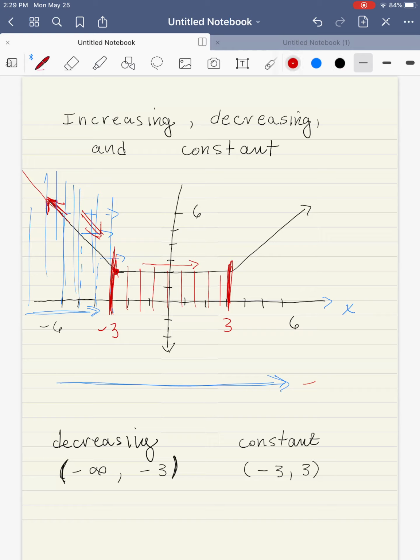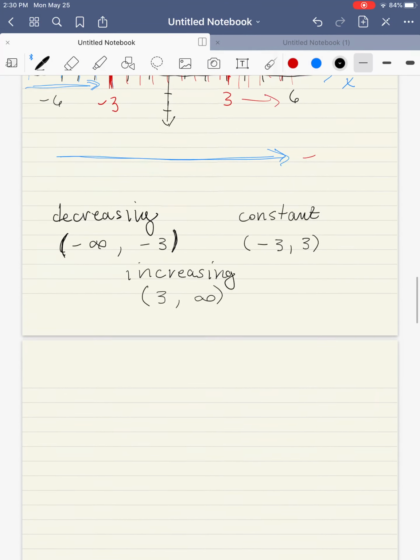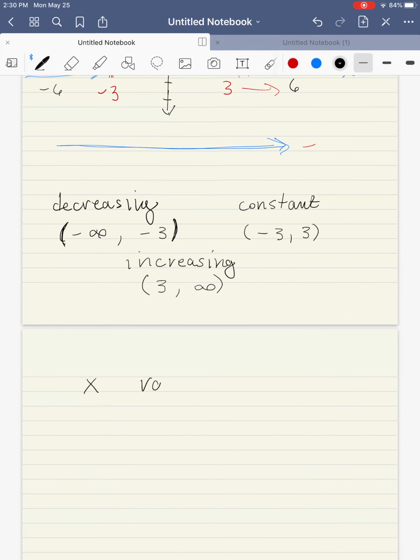And then when x equals 3, as we continue for my values of x, what's happening to y? We see that y is increasing. So from x equals 3 forever, the graph is increasing. Increasing, decreasing, and constant intervals are always x values. Always the x values for which y is increasing, decreasing, or constant.